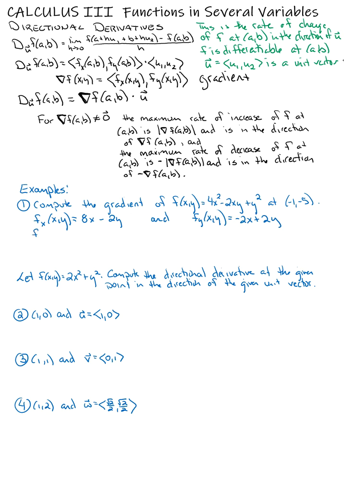Now, if we evaluate this at our point, (-1, -5), we end up with that looks like 2, and the partial with respect to y evaluated at (-1, -5).